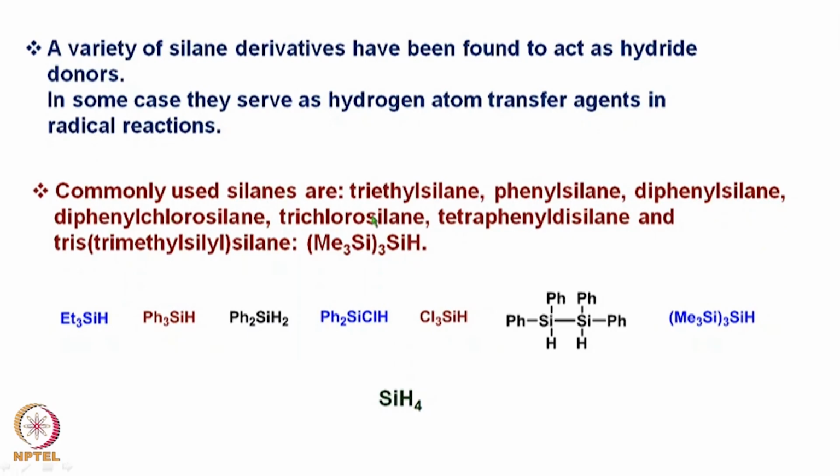Now the commonly used silanes which have got a lot of popularity include triethylsilane of this type, then phenylsilane, which has a structure of this kind, that means 3 hydrogens have been replaced by the phenyl group, or diphenylsilane of this kind, where 2 hydrogens have been replaced by 2 phenyls, and of course diphenylchlorosilane in which one of the hydrogens has been replaced by chlorine, and 2 hydrogens have been replaced by the phenyl.